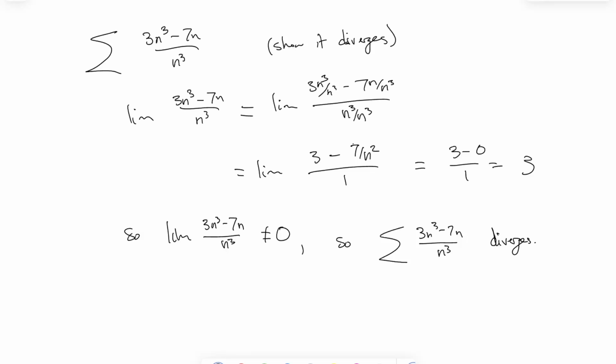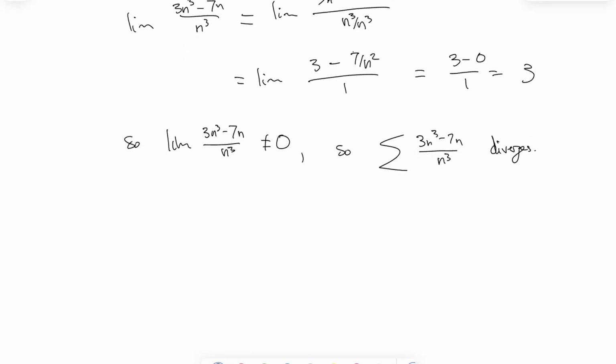I got one more. This one is extra cute. How about the sum of sine of n? One of my favorite weird examples. Again, I want to demonstrate that this diverges.